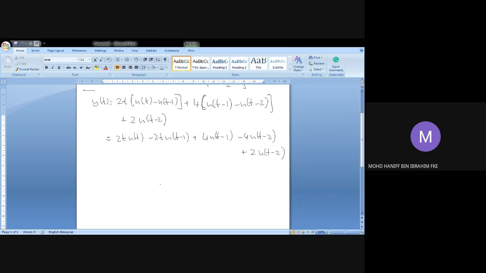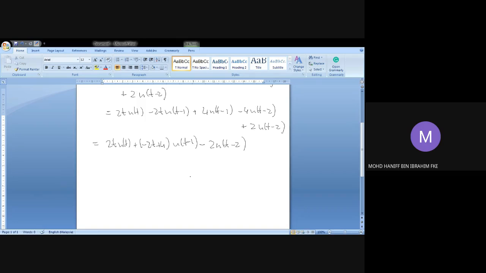Then if we proceed further, we can write it as 2t of ut plus negative 2t plus 4. We got the same terms for ut minus 1. We're going to have these terms, and then we're going to have a negative 2 of ut minus 2.